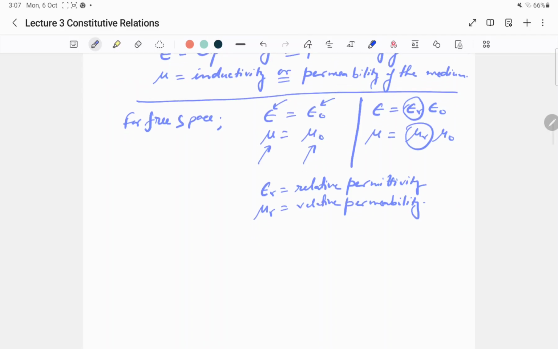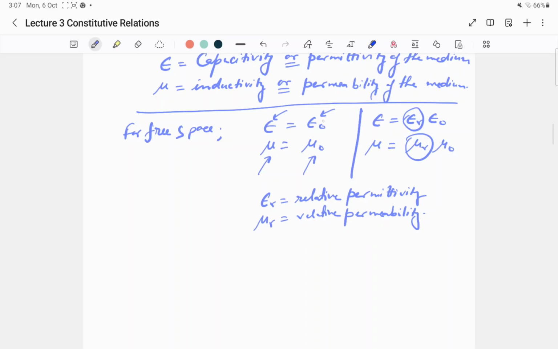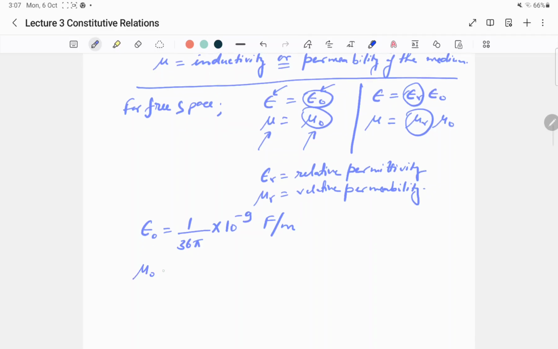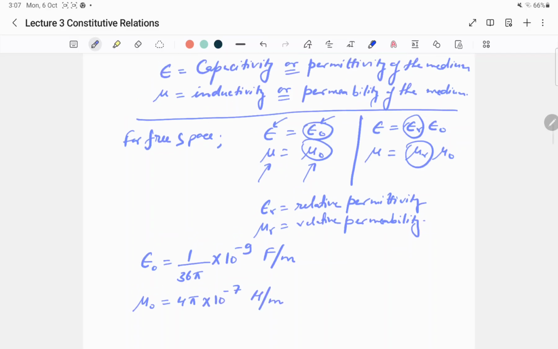Alright, so what are the values of epsilon naught and mu naught? The value of epsilon naught is 1 over 36 pi into 10 to the power minus 9 farad per meter, and mu naught, its value is 4 pi into 10 to the power minus 7 Henry per meter.